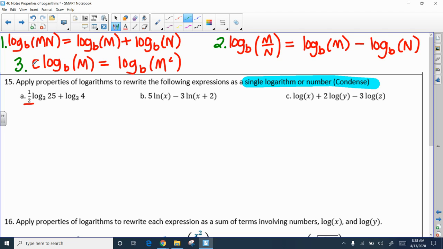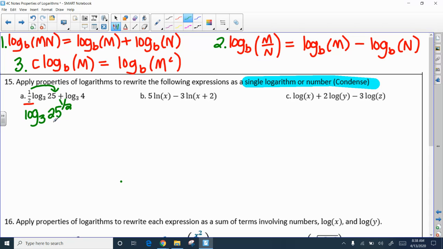So with this property, I could take that constant in the front and move it to the exponent. It's only on the front of this logarithm, 1/2 log base 3 of 25. So it's going to move to the exponent of the 25. So this part of it can be rewritten as log base 3 of 25 to the half power. So the half is in the power.